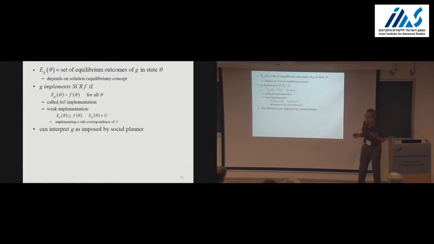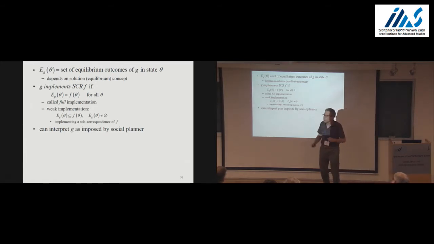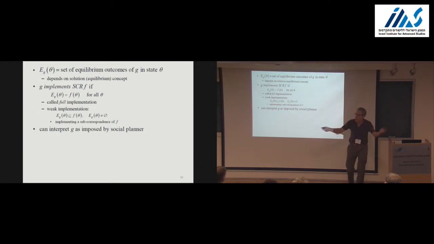Now, how do we interpret this mechanism G? Again, that depends on the circumstances. We could think of G as being imposed by the government. So G could involve a tax and spending policy, for example.